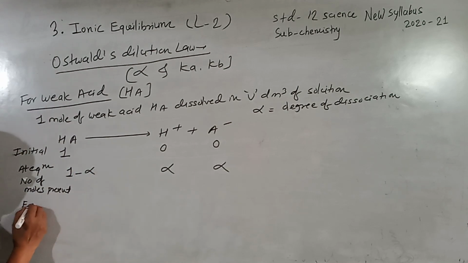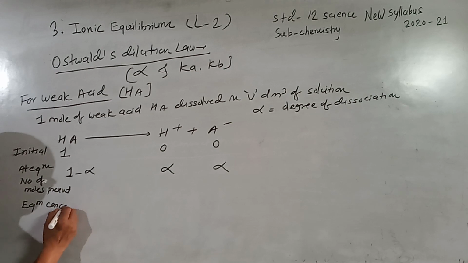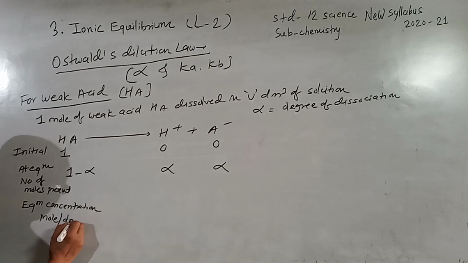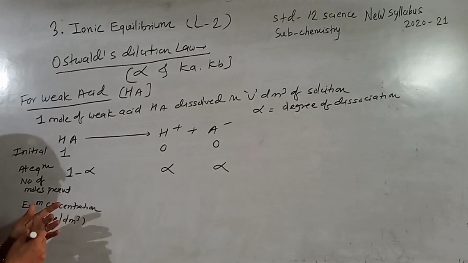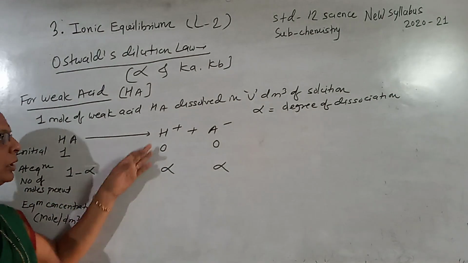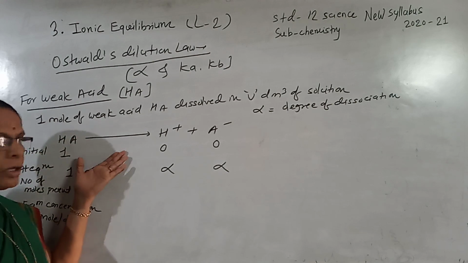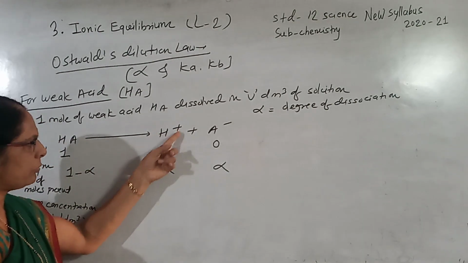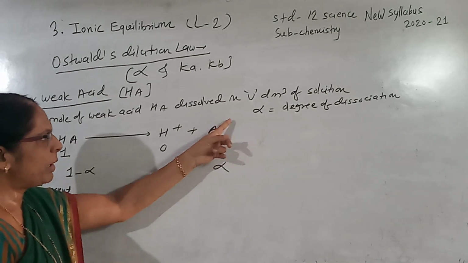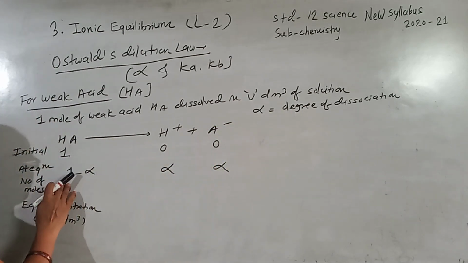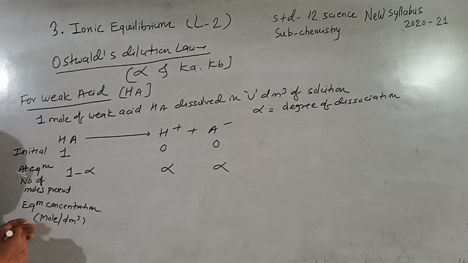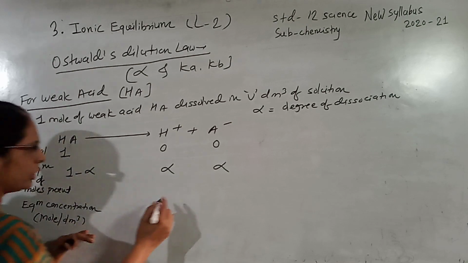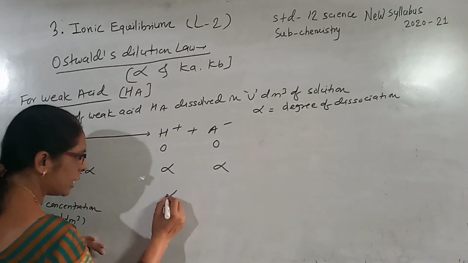Similarly, we can consider the equilibrium concentration, written in mole per dm cube. When HA dissociates, H plus gives alpha as the degree of dissociation, A minus gives alpha, and out of the 1, alpha is gone, so 1 minus alpha remains undissociated.